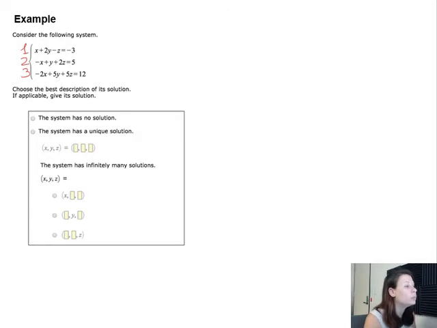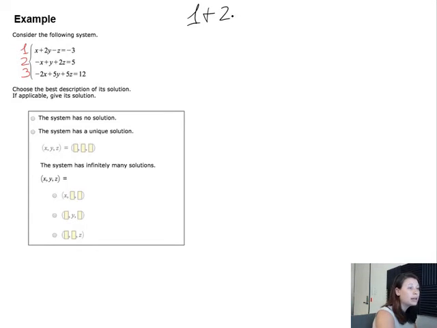Then, what do we have going on here? Let's look at our variables first. Which one kind of is easy to get rid of first? Well, I'd say x's are pretty good because first equation has x, second has -x, and third has -2x. That's pretty simple to get rid of x's. So the very first one we're going to do is 1 and 2.